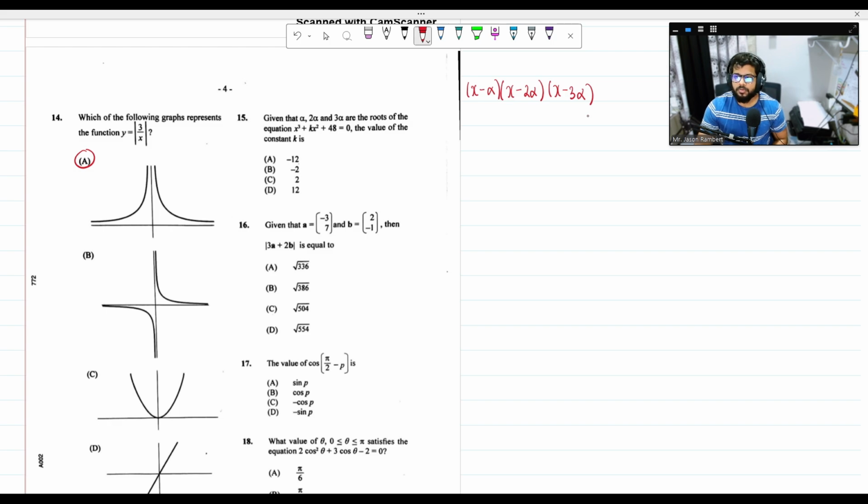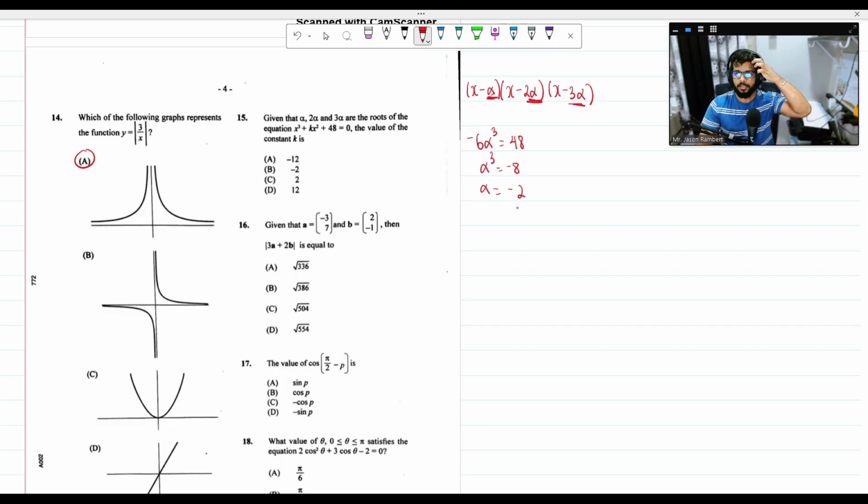When I multiply out all the factors, I'm going to get the cubic. Alpha is a constant, so multiplying the three constants, I'm going to get minus 6 alpha cubed equal to 48. I'll get alpha cubed is equal to minus 8, and alpha is equal to minus 2.